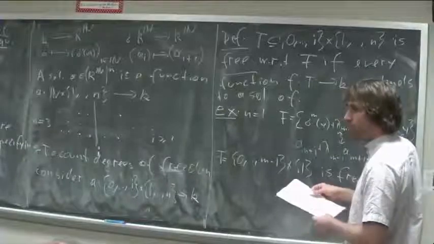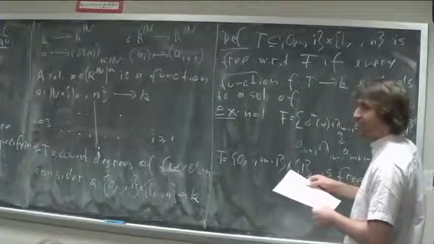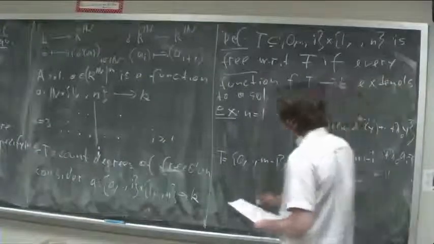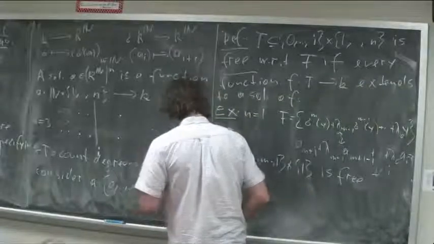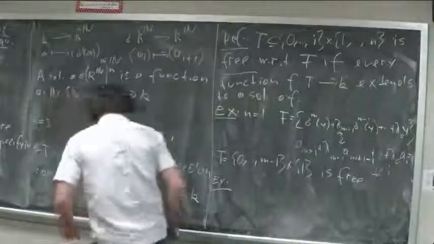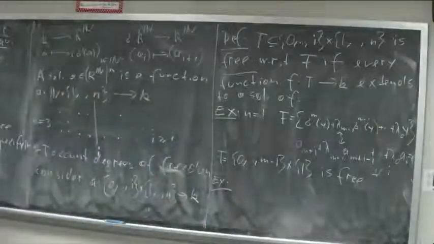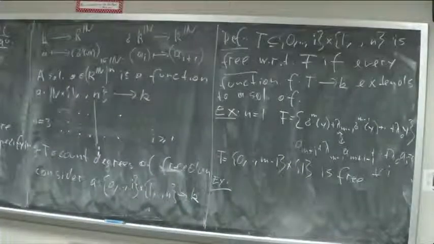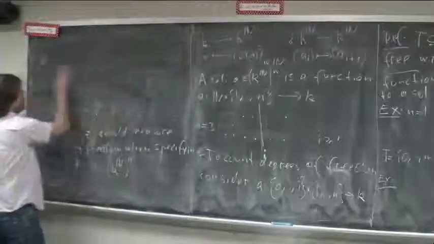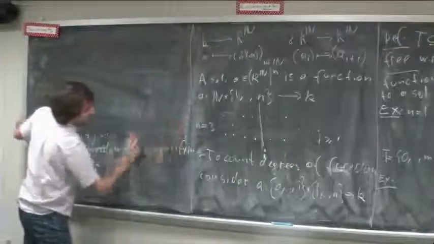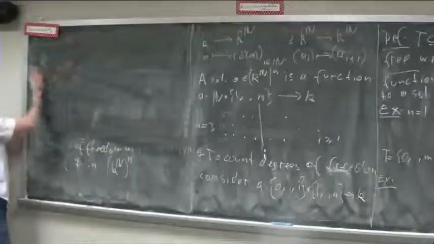What if not every function extends, but every finite one does? Yeah, that's a very good point. So let's look at another example. Maybe I'll erase that. Do you always take the set T to be closed downward in the coordinates with the I?